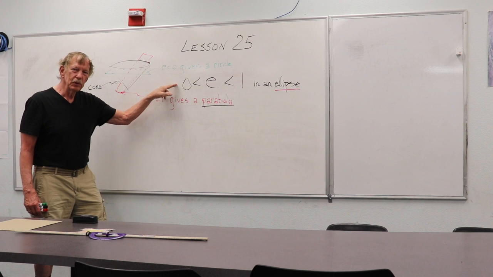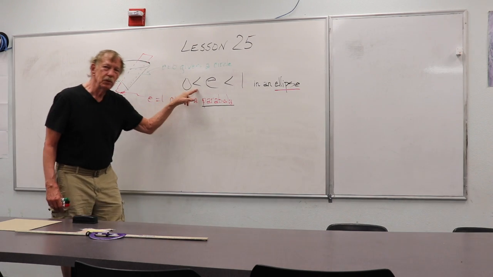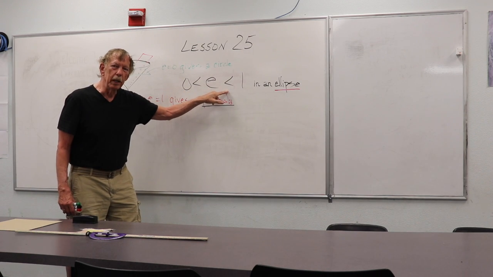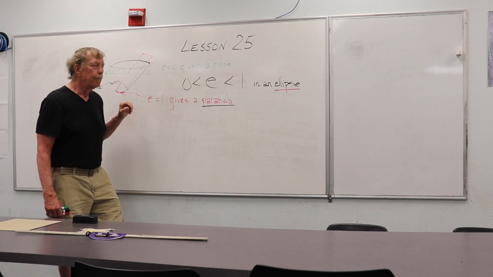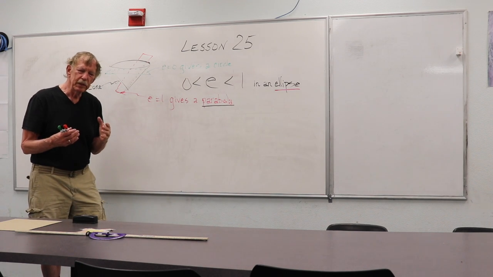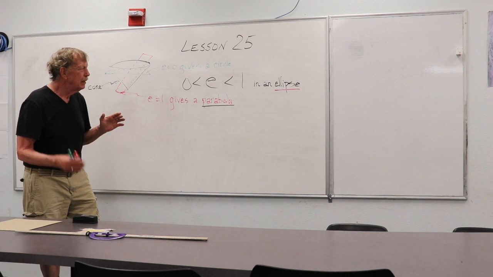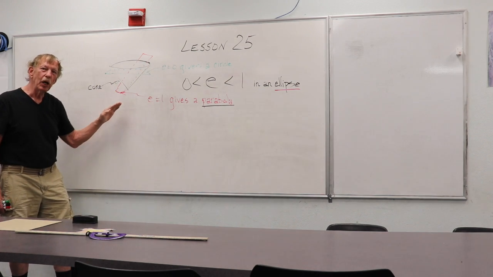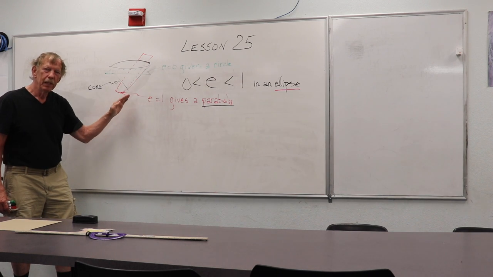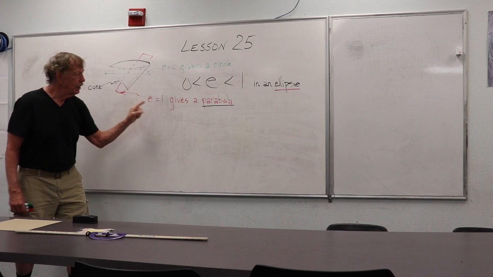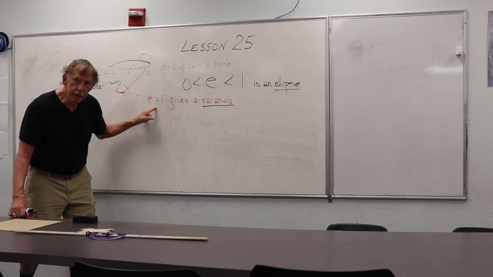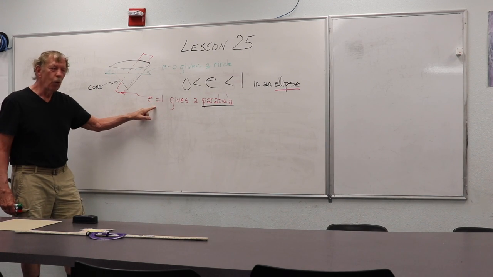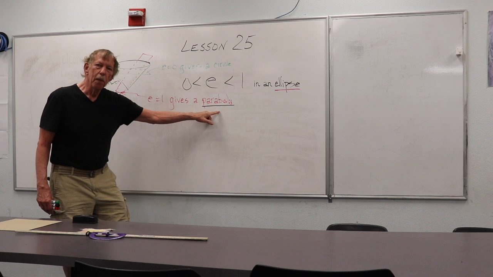And in an ellipse, the ellipticity has to be bigger than 0 and smaller than 1. But what happens if the ellipticity is 1? What's going on here? The answer is the cutting plane is now parallel to an edge of the cone. And that gives us an ellipticity of 1. Ellipticity of 1 gives us a parabola.